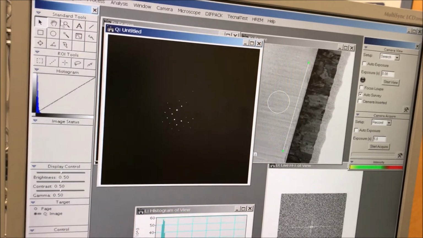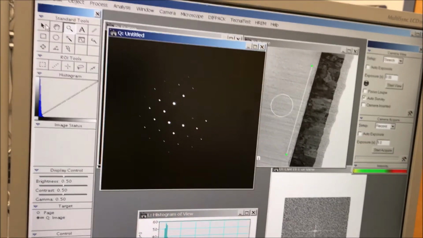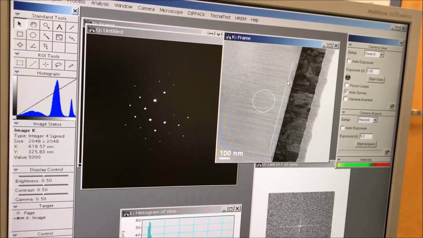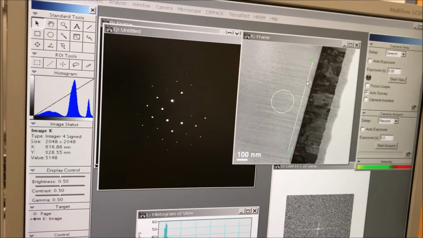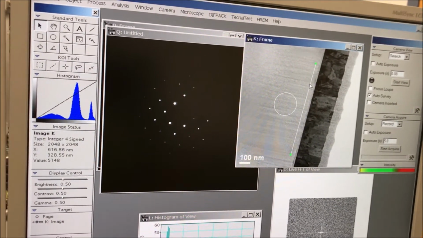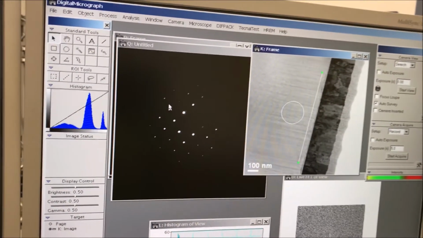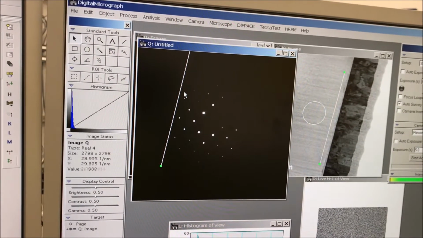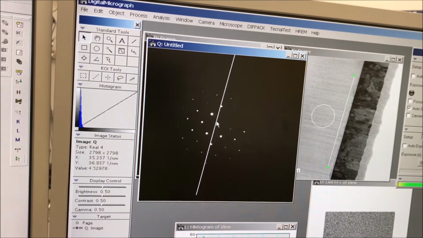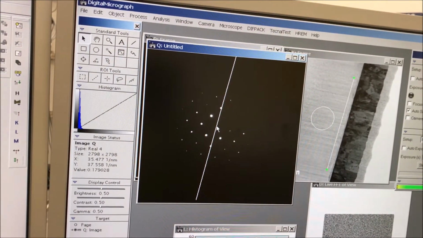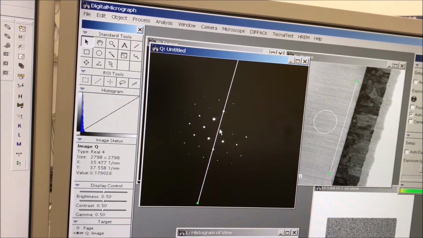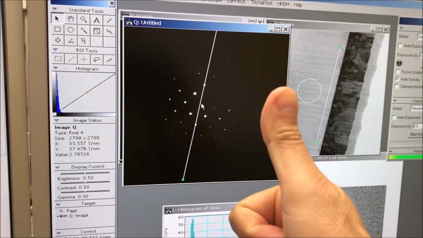And now if I copy that line over from the image, it fits exactly how I want. So again, I've now established the correct orientation between the image and the pattern.